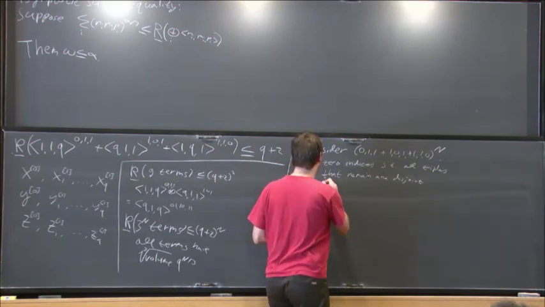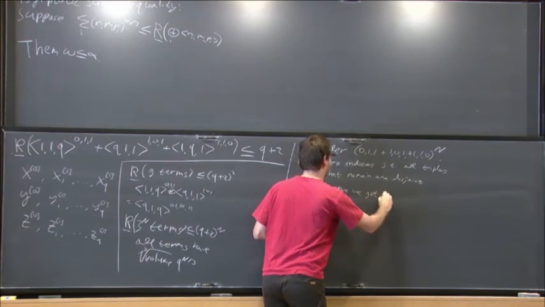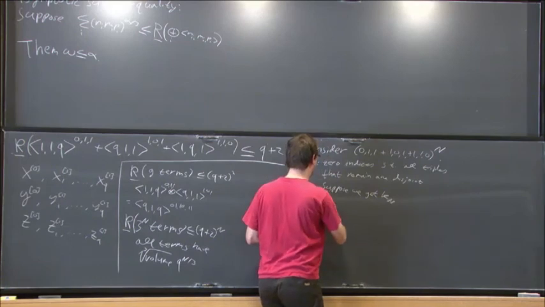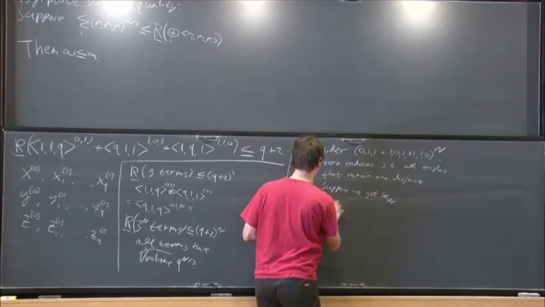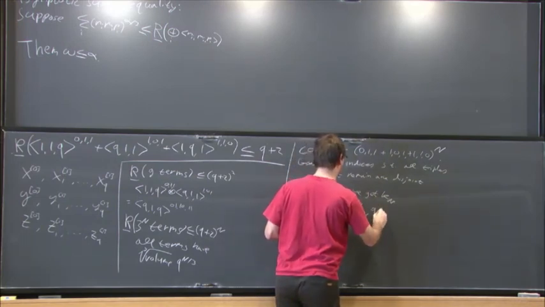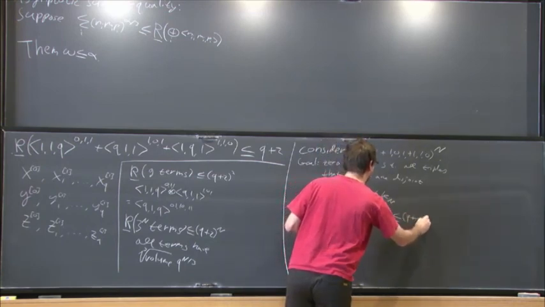So suppose we can get K_n. Then the asymptotic sum inequality shows that K_n times q to the n over 3 is at most (q+2) to the n.